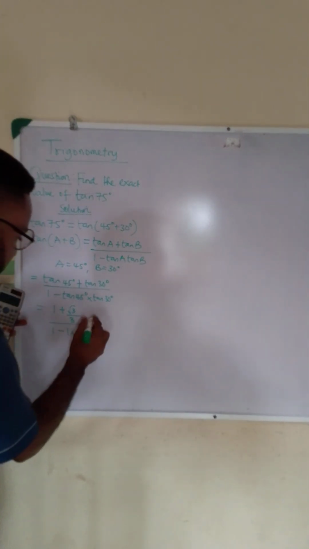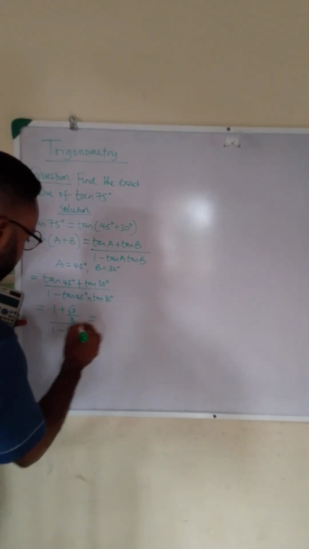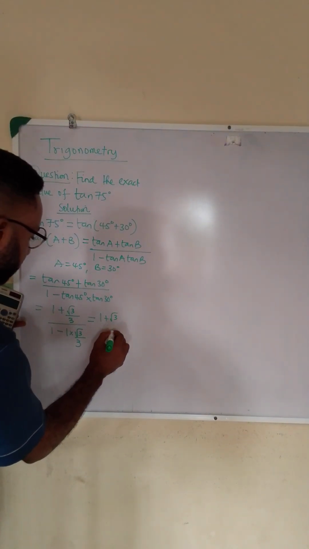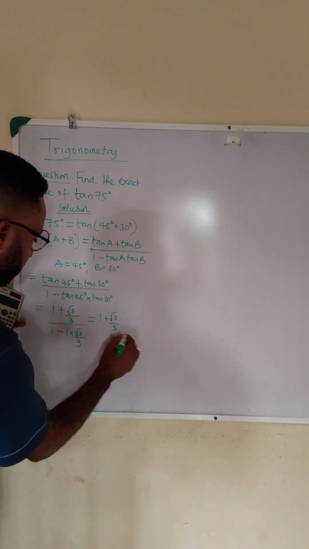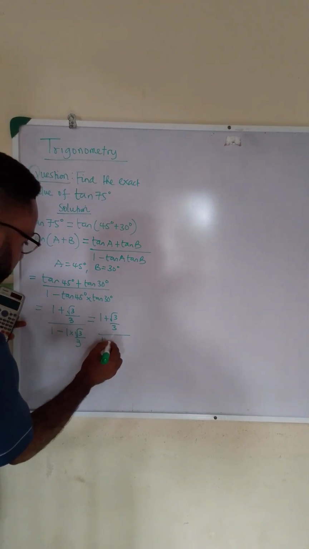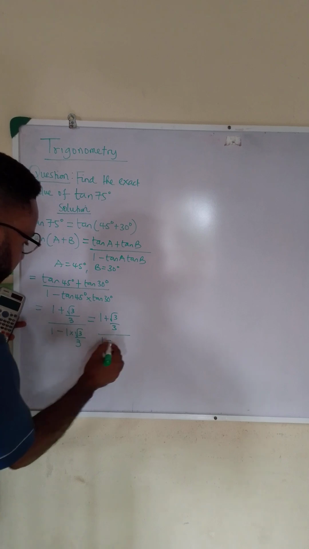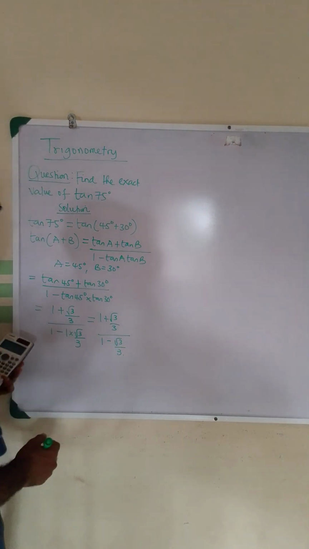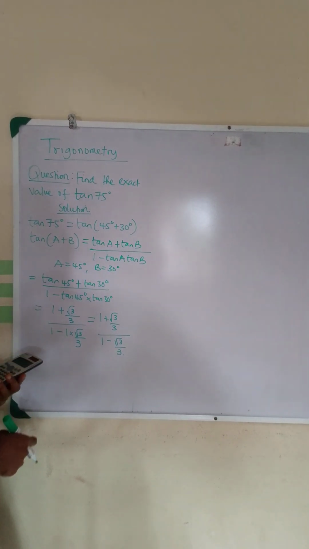If we evaluate this, this will be 1 plus root 3 over 3 all over 1 minus 1 times root 3 over 3, which gives us root 3 over 3. So we are left with this now.